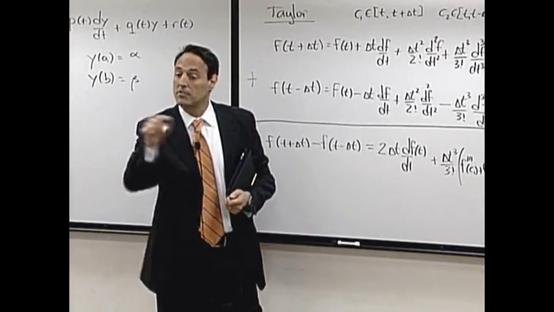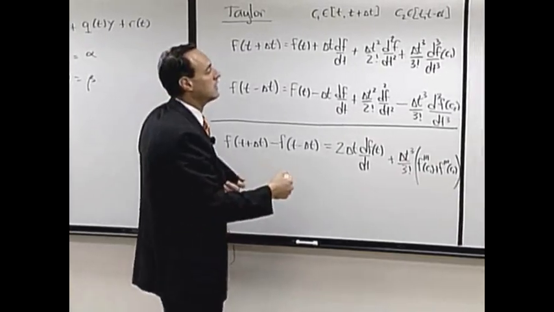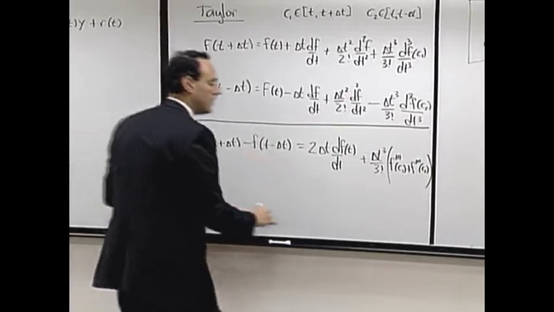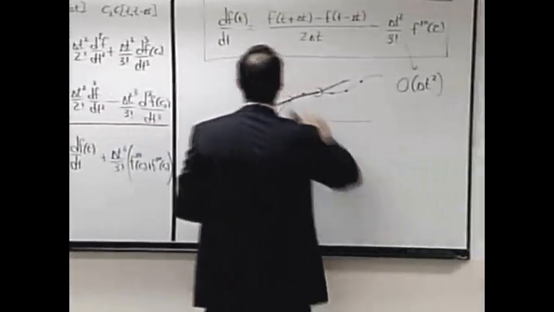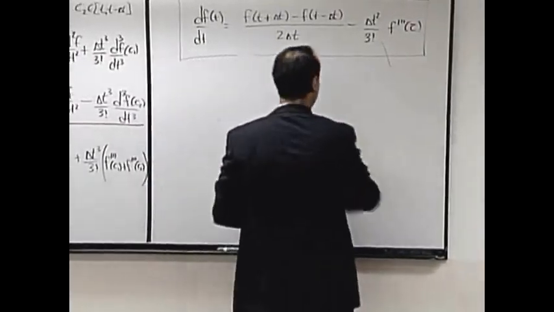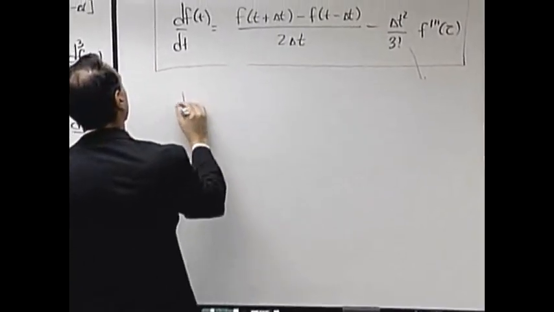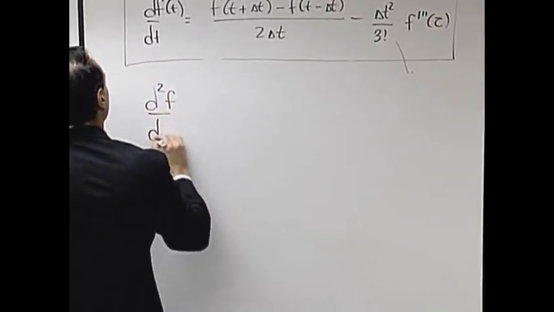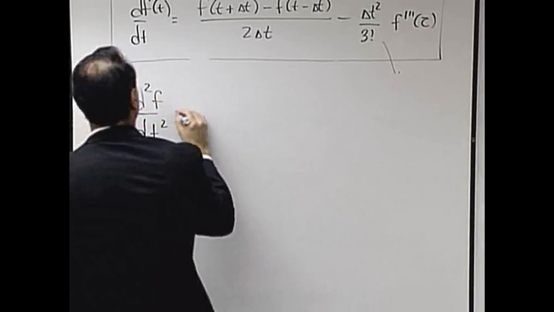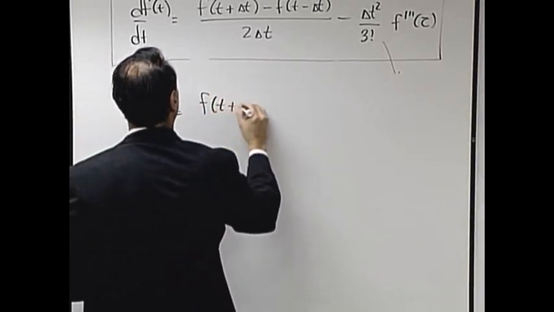And in fact, the second derivative, let me write it down here. If you add those, so subtracting gives me the first derivative, adding gives me a second derivative, which looks like this.